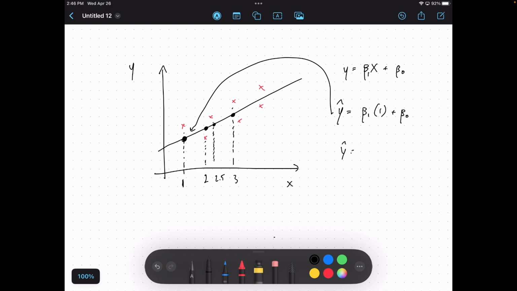So then y hat equals beta 1 of 2 plus beta 0. That would be this guy over here. Does this have to be a linear model? Yeah, it doesn't have to be linear. It will basically tell you the point on the line that you fit against the data.